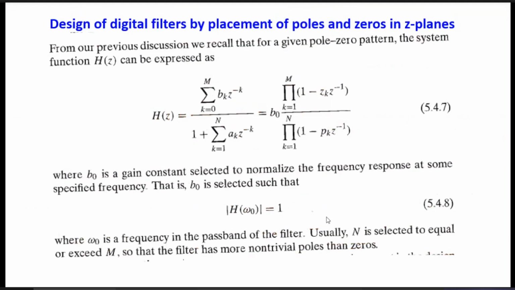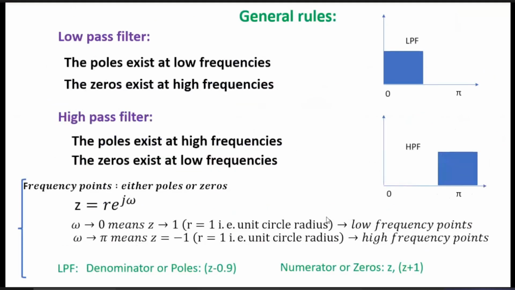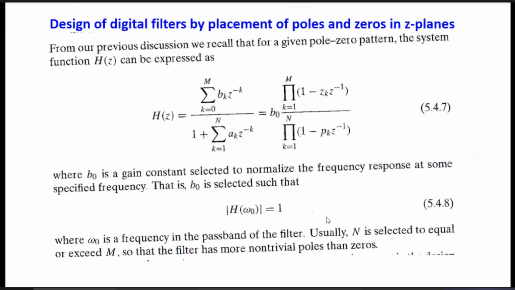Next, one important slide. Here it is shown how a transfer function has zeros and poles. A(z) is your transfer function, and it consists of an expression at the numerator and denominator.